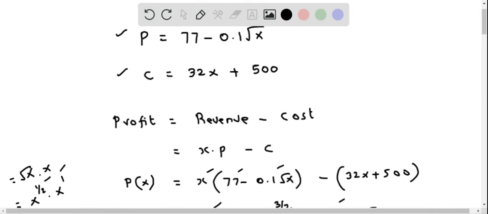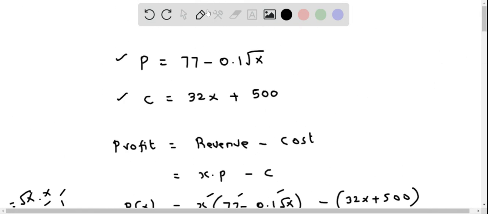And so therefore, we can determine the corresponding price which maximizes the profit by substituting x equals 90,000 into the price equation. So let's do that. Let's find the price.